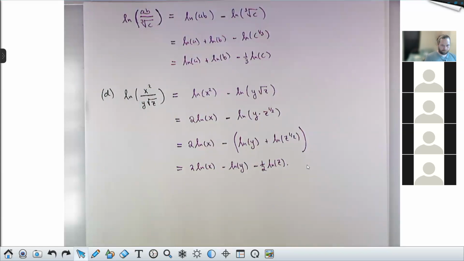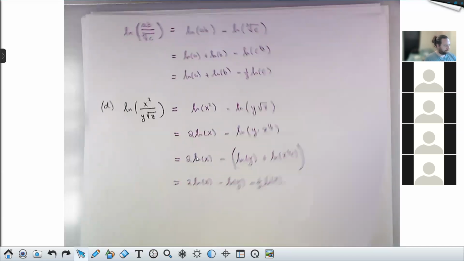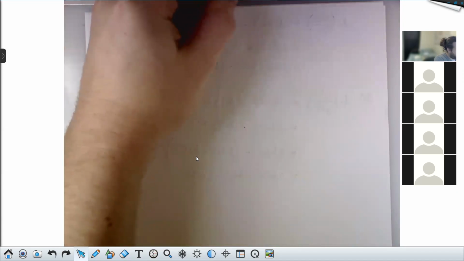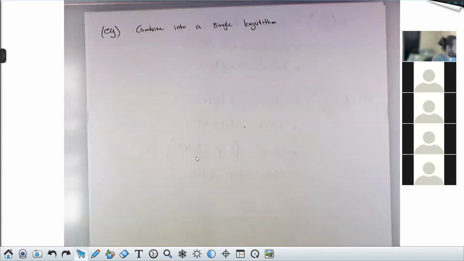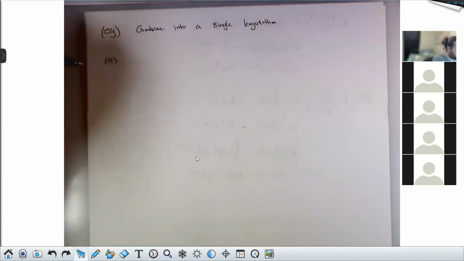Okay. You can imagine instead of giving you this and saying expand, I could give you this and say combine. Indeed, that's a thing. So let's take a look at one or two problems like that. All right, so I'm going to give you a couple of expressions here that we want to combine into a single logarithm.